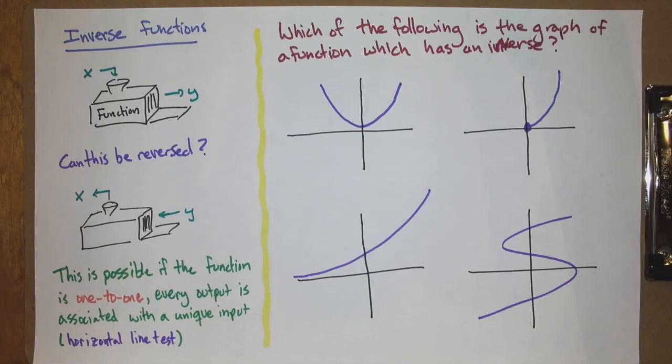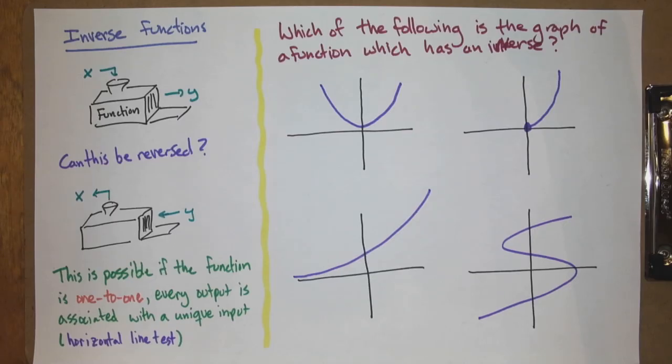Now, we can do this graphically. We talked previously about how a function has something called the vertical line test. You draw the graph, draw a vertical line. When we draw a vertical line, we're saying, let's just look at the input associated with this value. And we want only one output, so we can only hit the curve at most once.